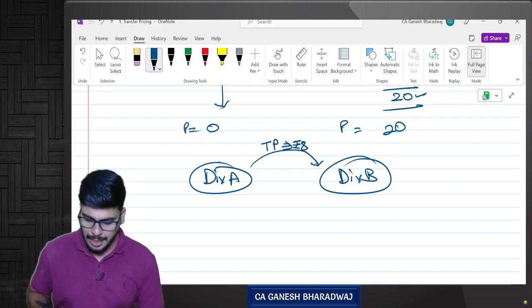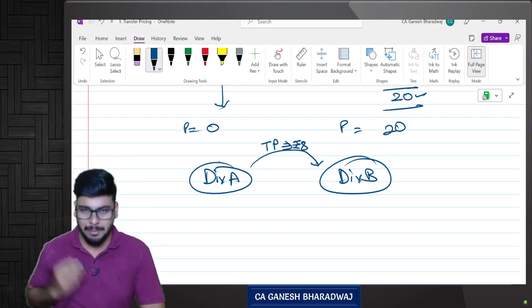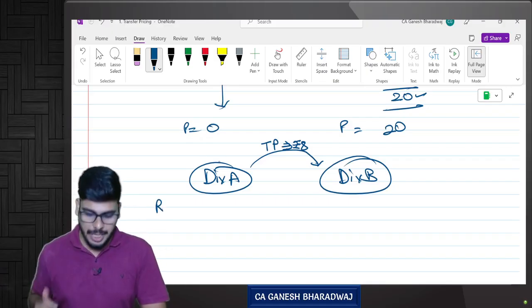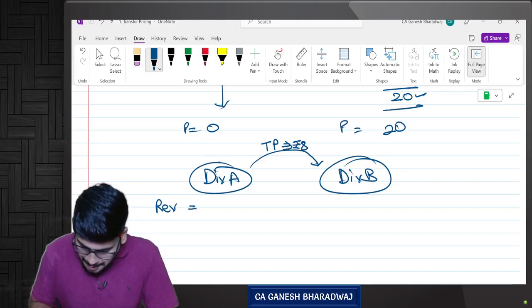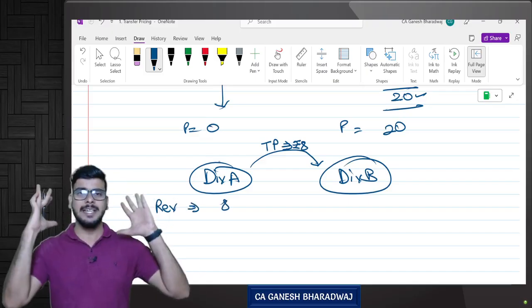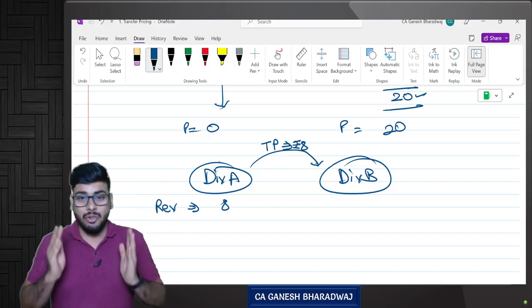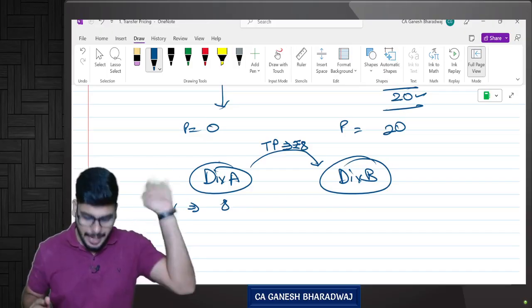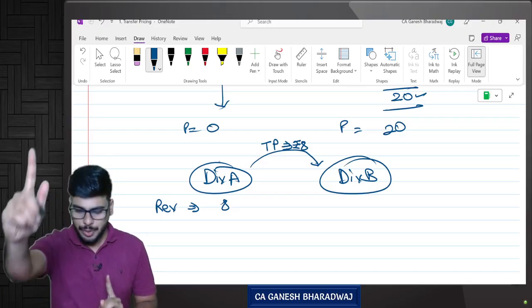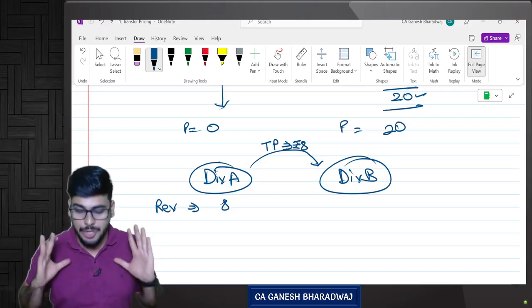Now, in the same example, from the viewpoint of division A, the revenue per unit will be rupees 8, because I'm treating this as a separate entity by itself. Look at this from the viewpoint of division A exclusively. Every time I transfer 1 unit to division B, it generates a revenue of 8 rupees.